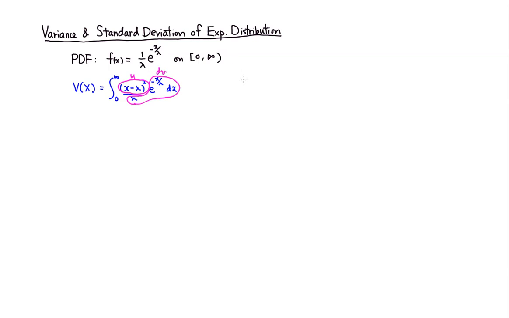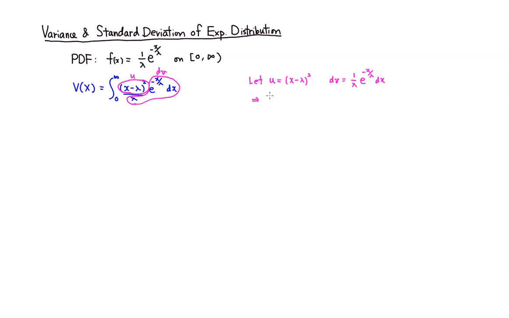So let u be the quantity x minus lambda squared, and dv to be 1 over lambda e to the negative x over lambda dx. Then go through the usual drills.